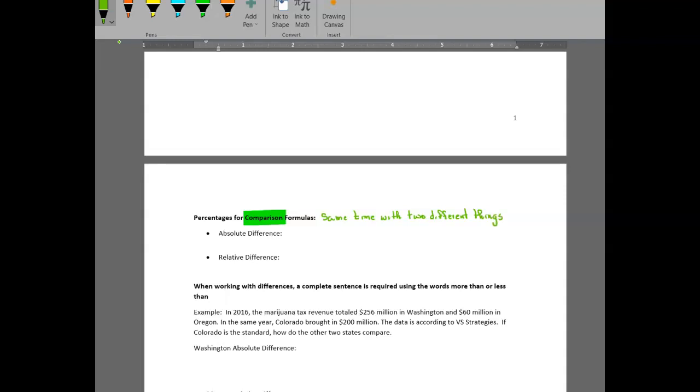All right, so again, you're going to see the word absolute. This time you're going to see absolute difference and relative difference versus absolute change and relative change. We're still going to subtract and we're still going to divide.